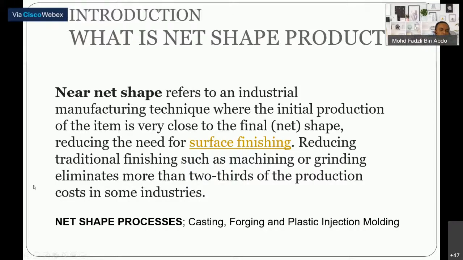And then reducing the traditional finishing such as machining or grinding eliminates more than 2/3 of the production cost in some industries. So that the net shape product ni tujuan dia salah satu untuk eliminate the cost. Okay, which mean kita eliminate the cost by reducing the post processing. Which mean kita tak perlu nak finishing lagi lah selepas kita machine. This is the process of the net shape processes, including the casting, forging, and also the injection molding.